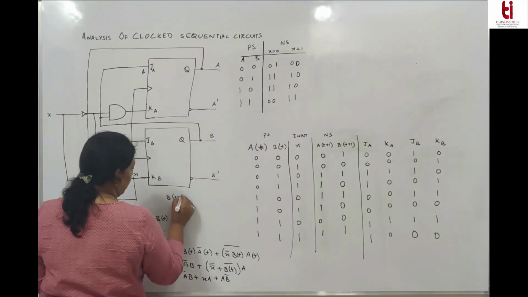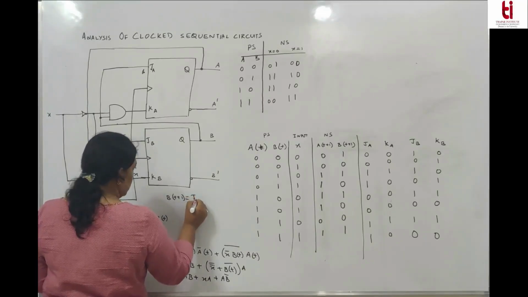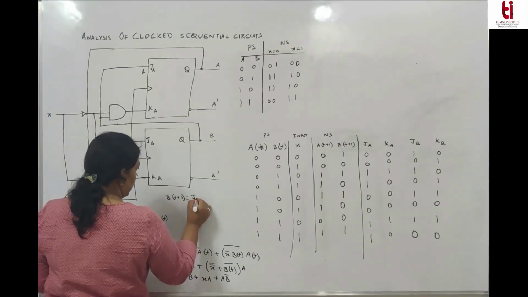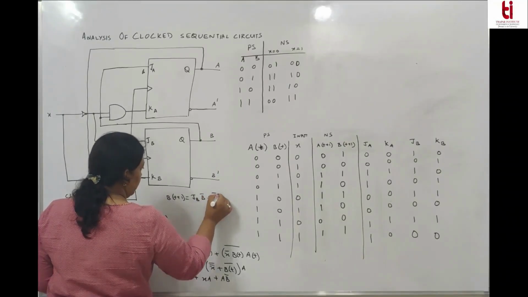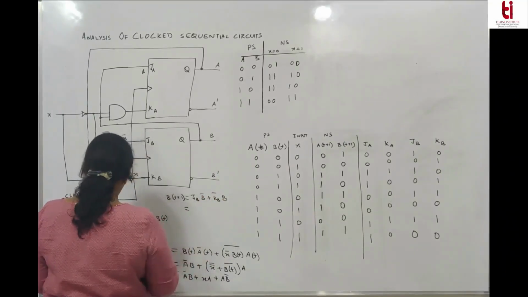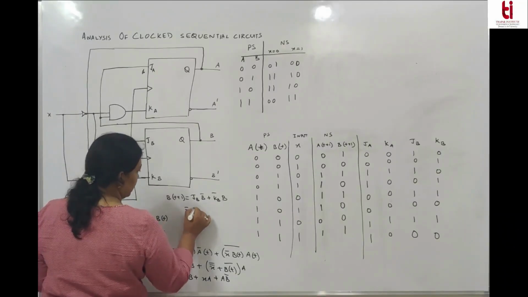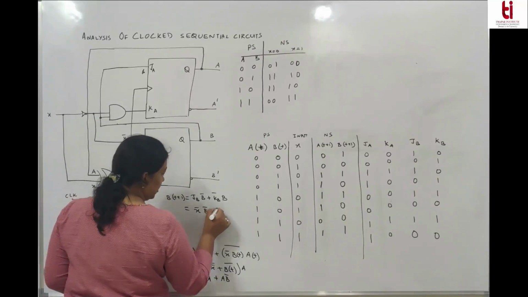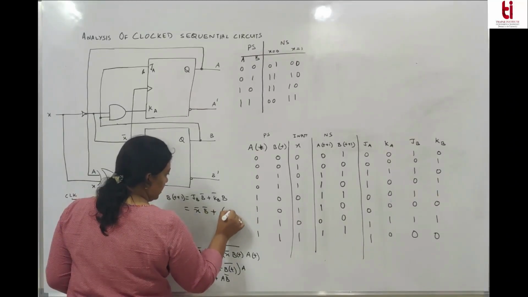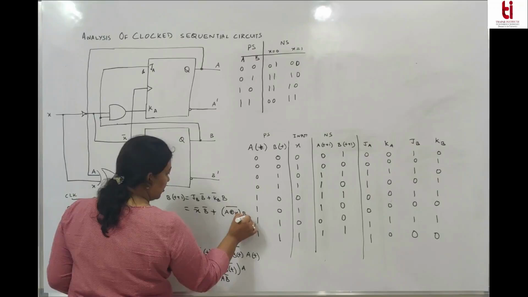and next state equation for B will be JB B bar plus KB bar into B. What is JB is X bar. What is KB bar is A XOR X bar.